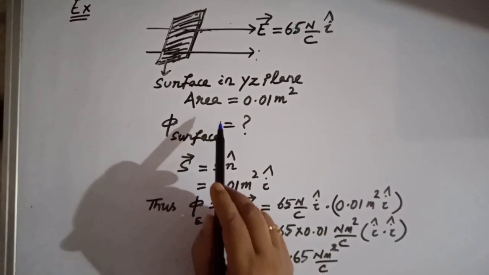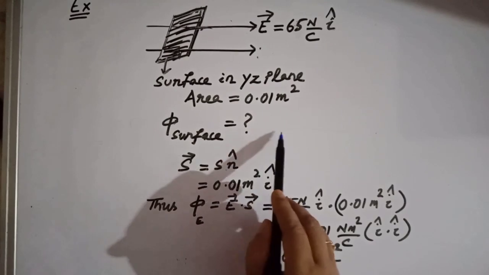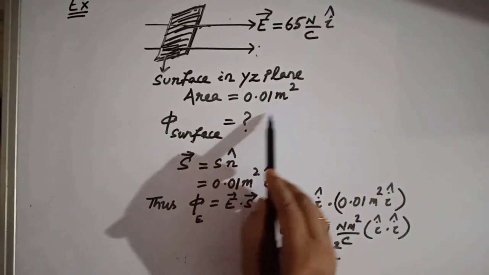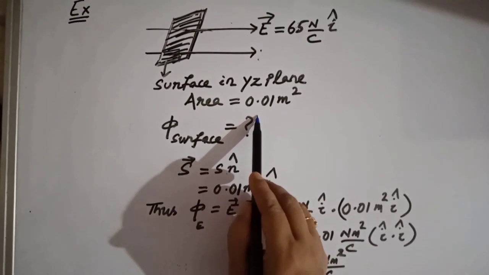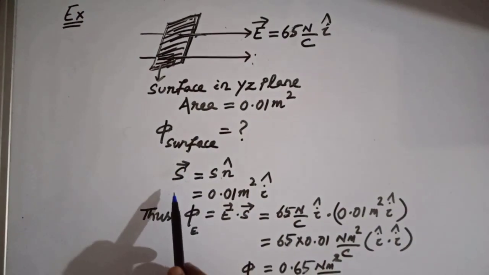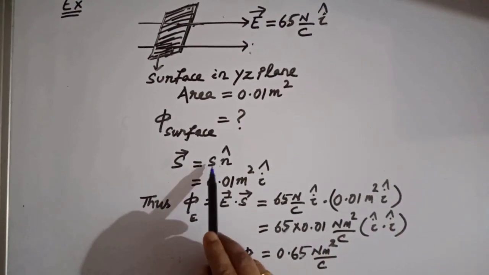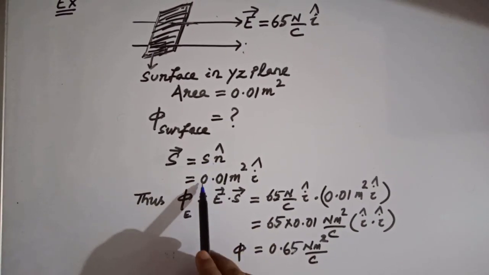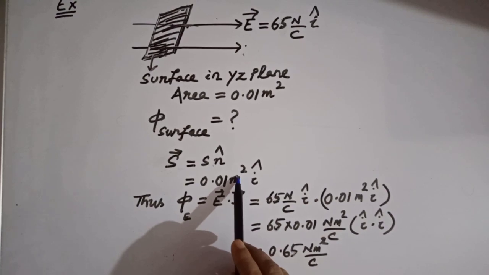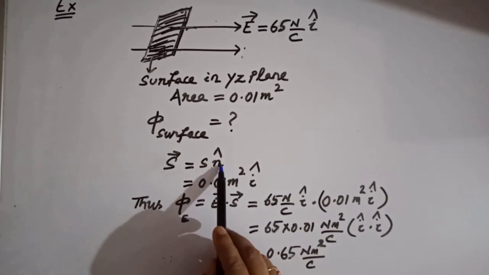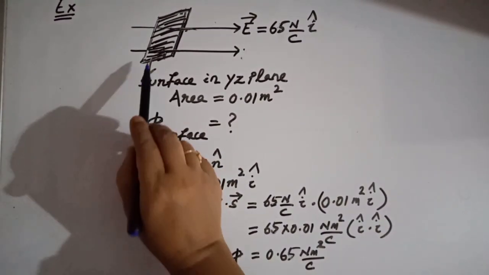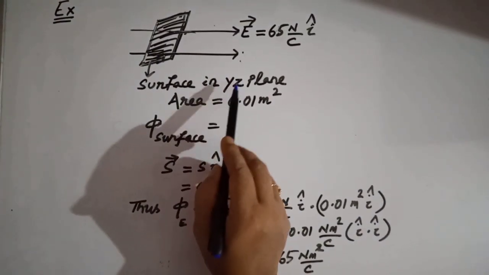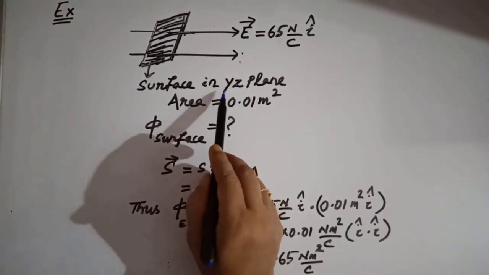We know phi is equal to E dot S vector. The value of area vector is given, but what is the direction? Since S vector is equal to S into n cap, the value of S is 0.01 meter square. What is the direction of n cap? The surface is along YZ plane and area vector is along the outward normal.